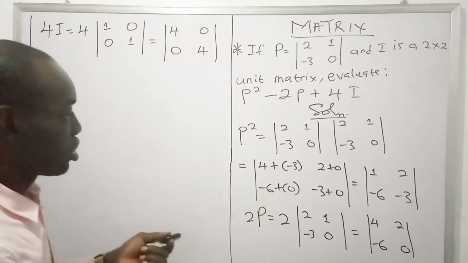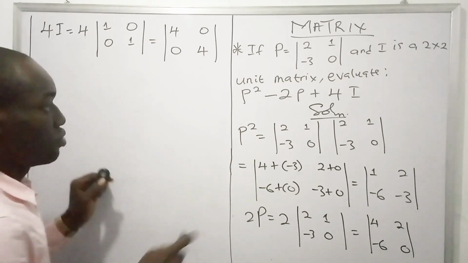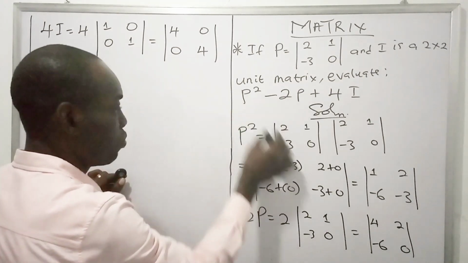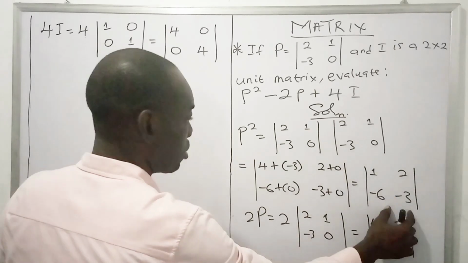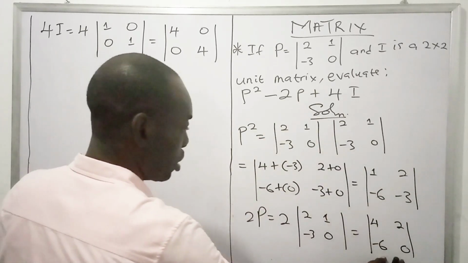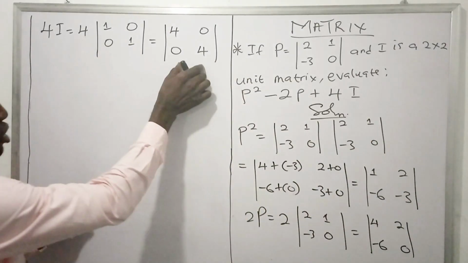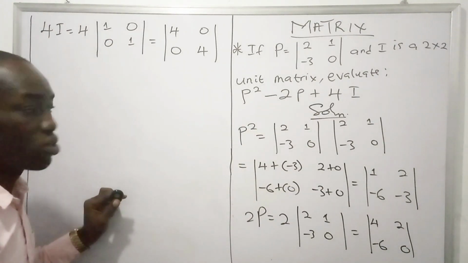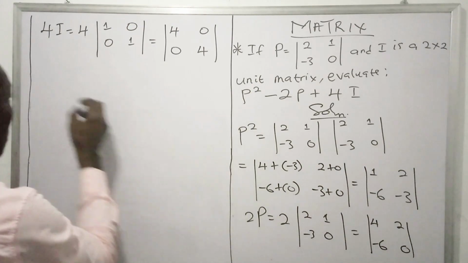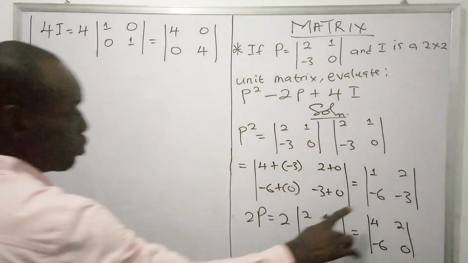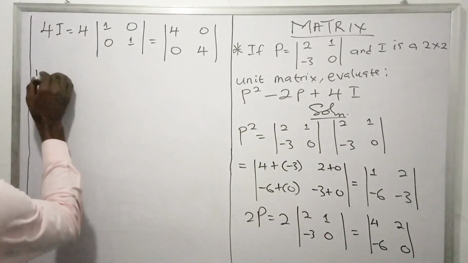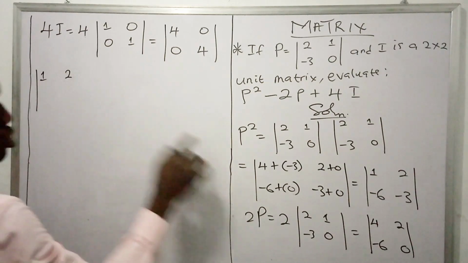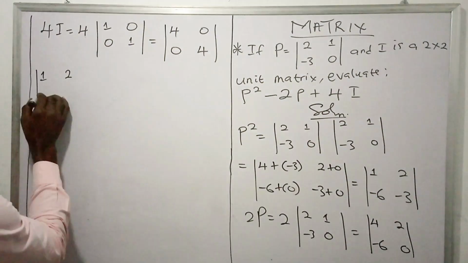I've gotten all the various terms now. We've gotten P squared as this, 2P as this, and 4I as this. Now resolving all together, based on the expression given to us. P squared is 1, 2, minus 6, minus 3.